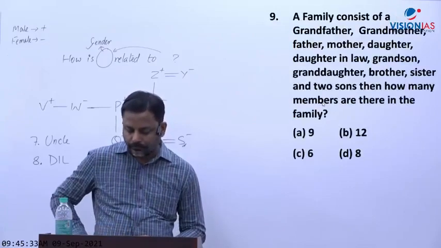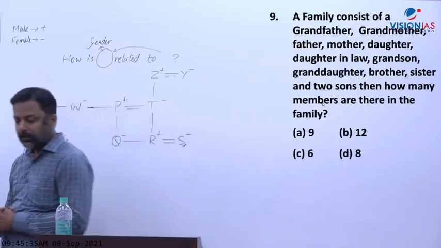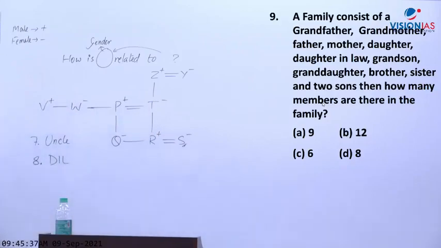Now, the next question is, a family consists of a grandfather, grandmother, father, mother, daughter, daughter-in-law, grandson, granddaughter, brother, sister, and 2 sons.